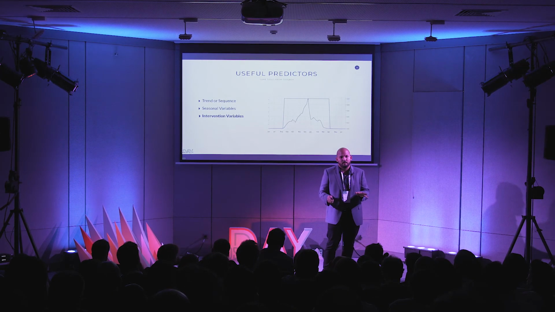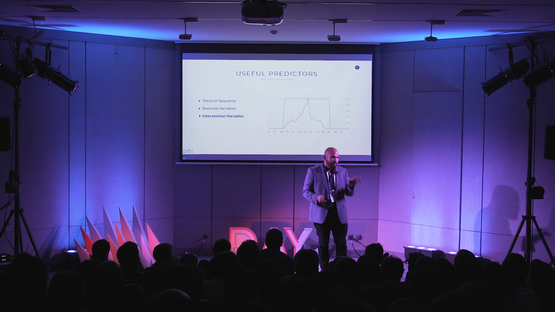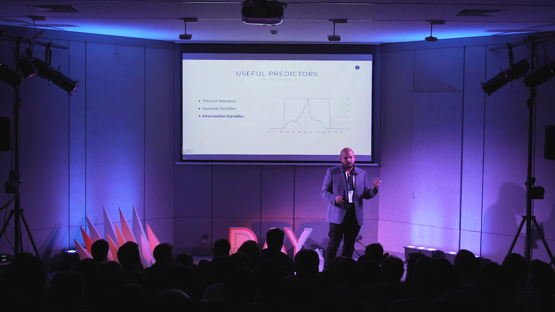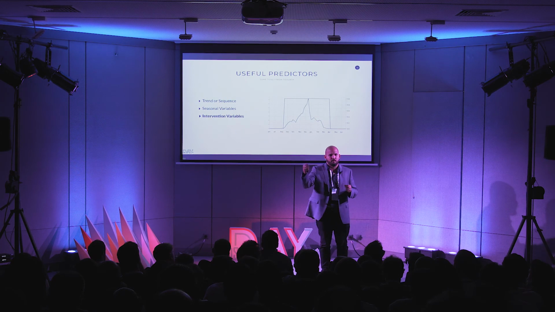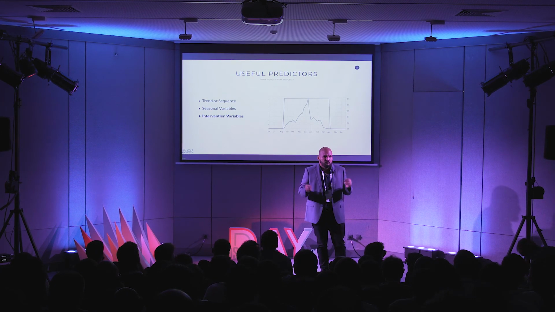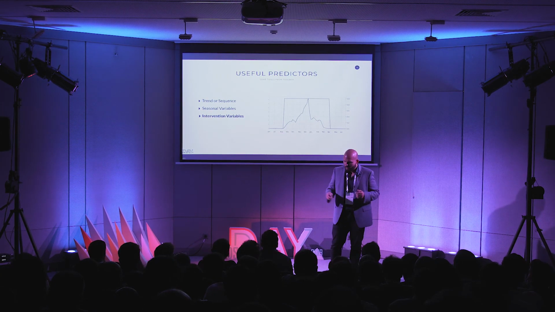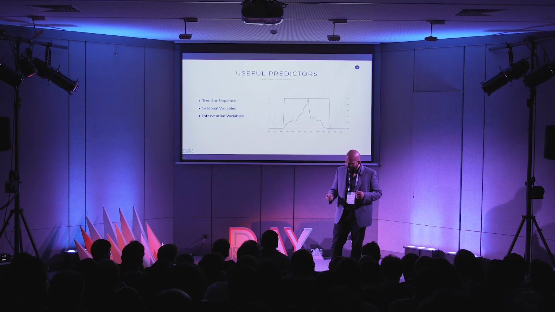Generally, intervention variables are hard to capture, and even if you can capture them, they are really hard to put in the future because you don't know. Maybe they will be activated or not. And I think that's it.